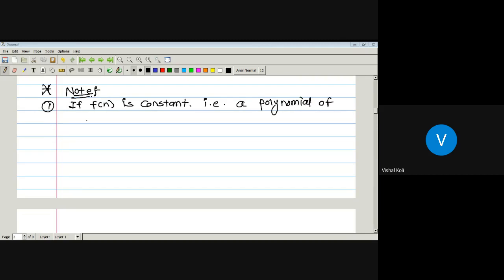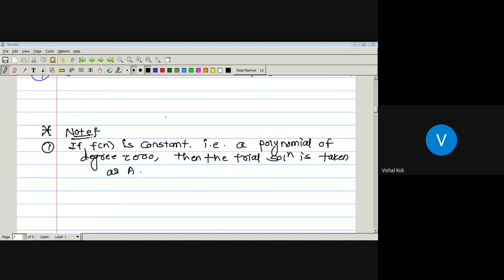Then the trial solution is taken as just a. That is, from this one only we can find out.